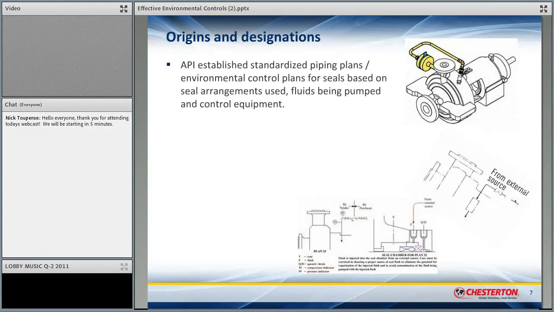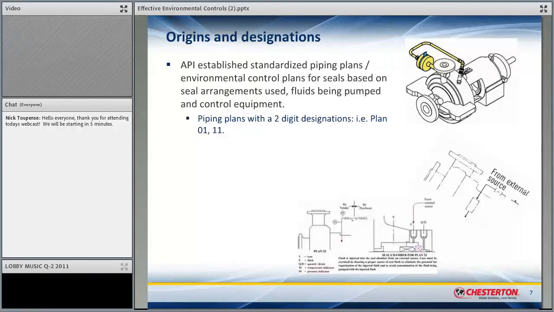In terms of what's called the API piping plans for environmental controls, the American Petroleum Institute established standardized piping plans or environmental control plans for seals based on the seal arrangements that are used, the fluids that are being pumped, and the control equipment that's associated with the mechanical sealing system.